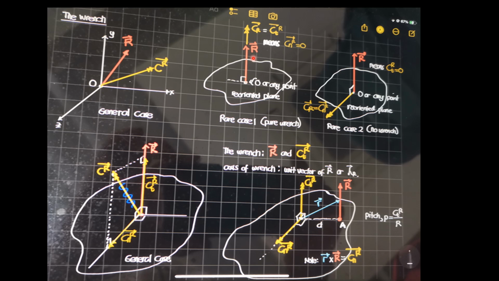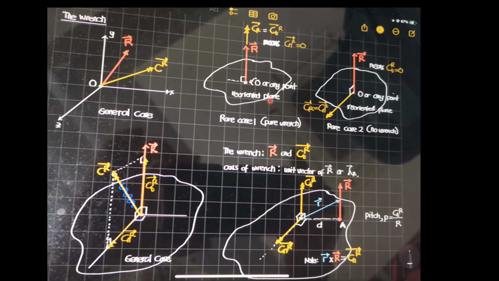So there's no component perpendicular to the force, or the resultant. So that means the perpendicular component of this resultant couple is 0. So that's why we have here a pure couple, a pure wrench rather. So that is for that case.